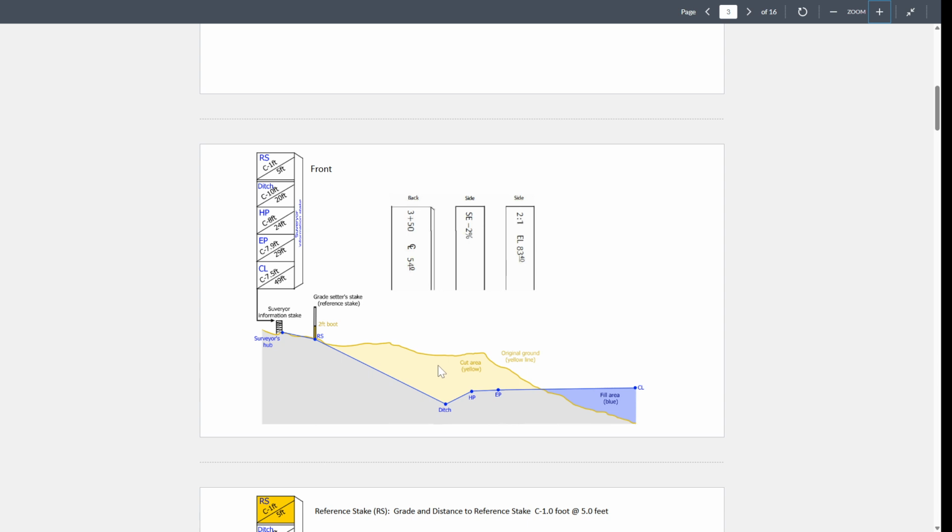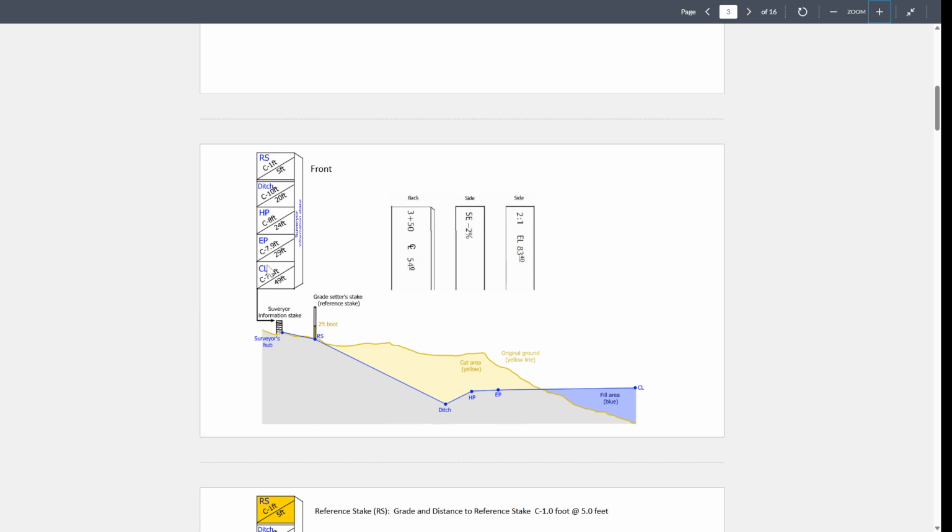You know, the existing grade's going to be different. So what we're after is to be 1 foot lower than whatever elevation the surveyor stake is at.